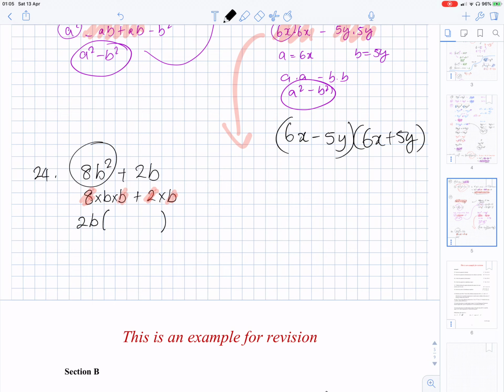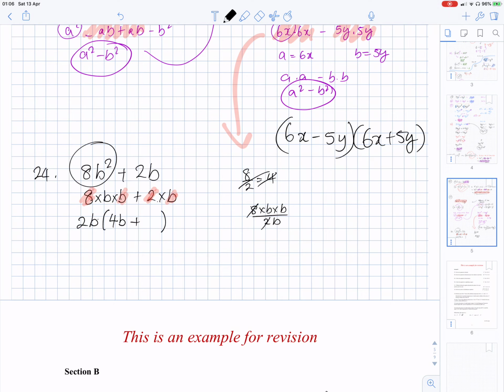So if I take a 2 out here, I remain with a 4, because 8 divided by 2 is 4. And this b cancels with that b, so I'm left with 4b here, plus... The other way we can do this is to say 8 times b divided by the 2b that I've taken out.